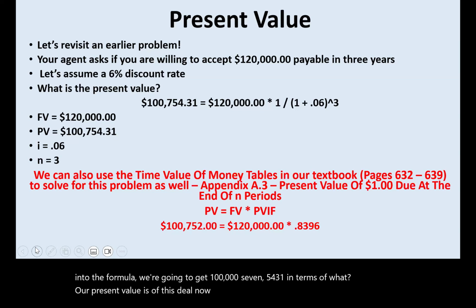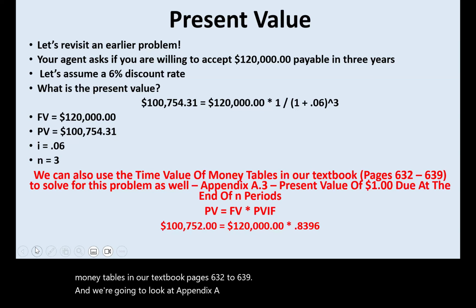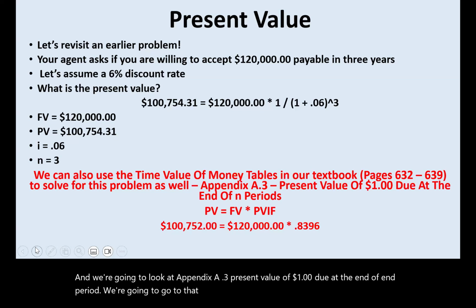Now, the other option is we can use our time value of money tables in our textbook, pages 632 to 639, and we're going to look at Appendix A.3, present value of $1 due at the end of n periods. We're going to go to that chart. We're going to look at 3 years and 6%, and we're going to pull up the number 0.8396.